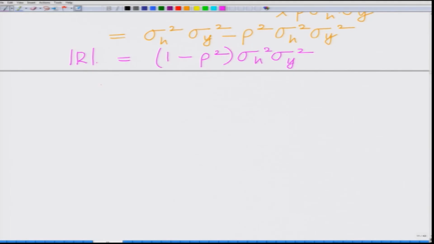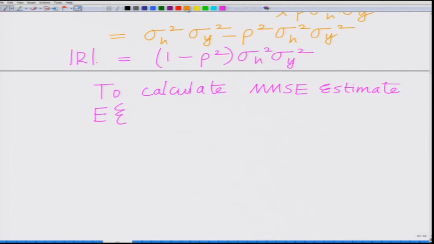That is, we need to calculate the MMSE estimate, which is the expected value of h given y.